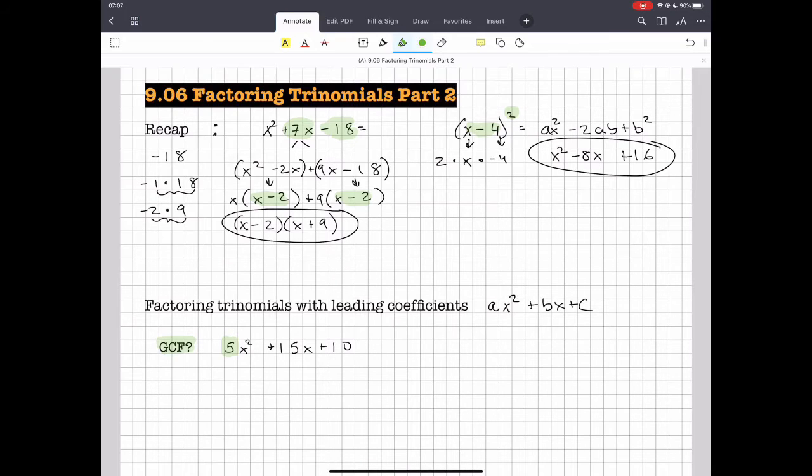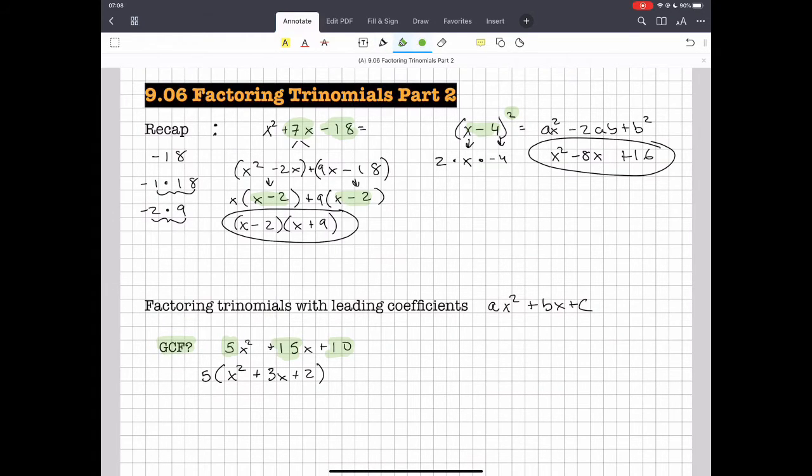In this particular problem, there is a greatest common factor. All of these coefficients have a 5 in common. So we can divide that out, and that leaves us with 5 times the quantity, x squared plus 3x plus 2. And then with this part in the parentheses here, we can ask ourselves the same questions we did in the recap.